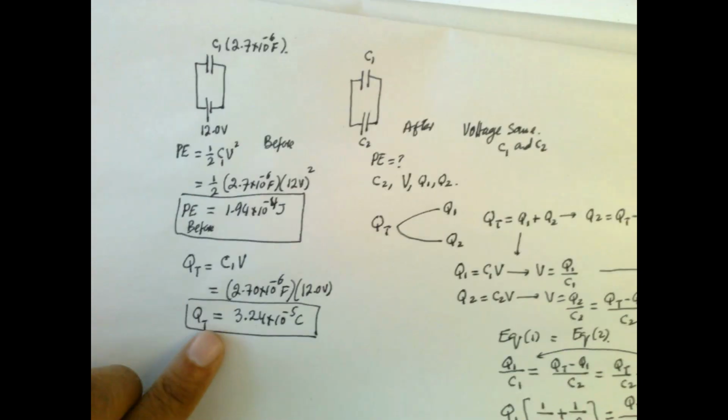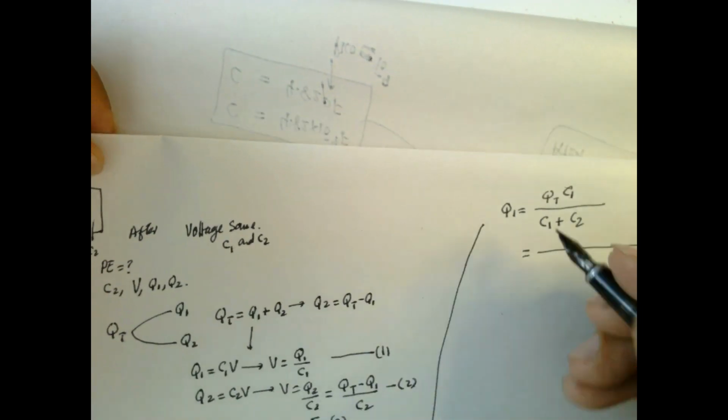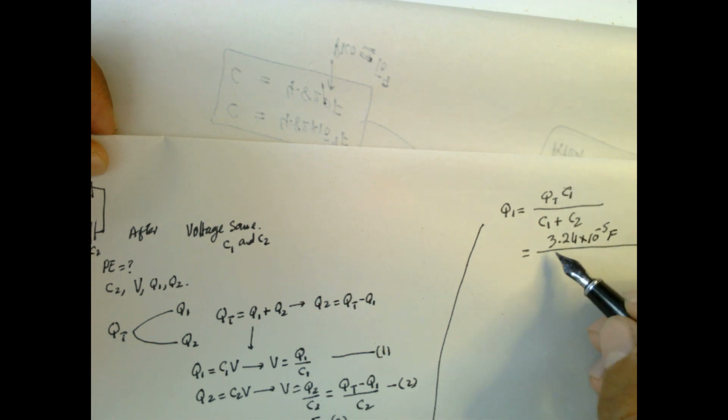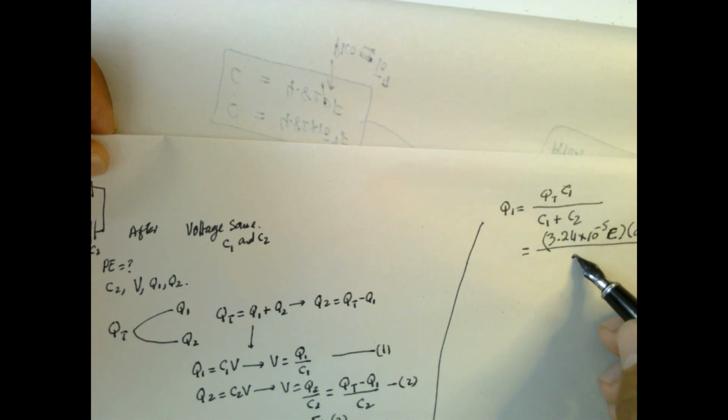If you calculate this, Q total we have already expressed: 3.24 times 10 power minus 5 coulomb, times the capacitance of the first one, 2.70 times 10 power minus 6 farad, over C1 plus C2, which is 4.0 times 10 power minus 6 farad.